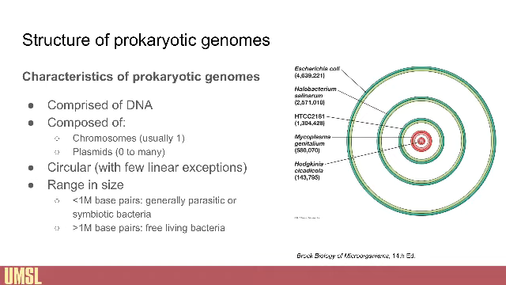If we take 1 million base pairs and say each gene is, on average, about 1,000 base pairs in size, you're looking at around 10,000 genes or so.